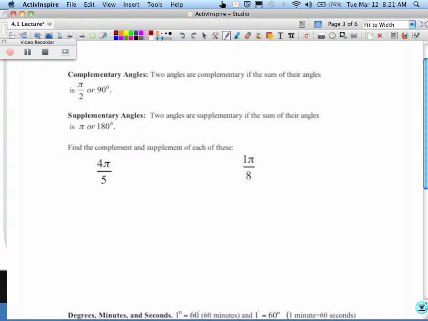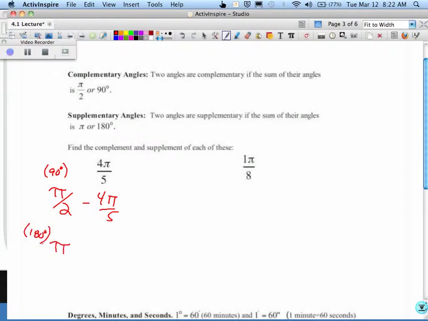So in this case, we would do pi over 2, remember that's 90 degrees, minus 4 pi over 5. Or you take pi, which is 180 degrees, minus 4 pi over 5.